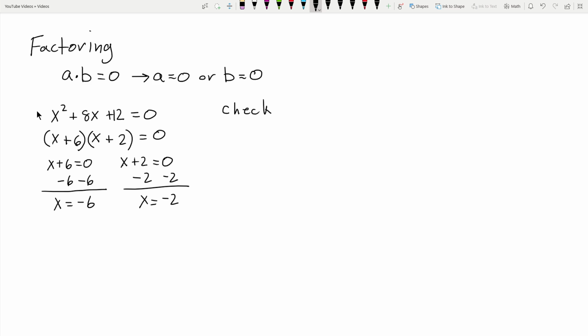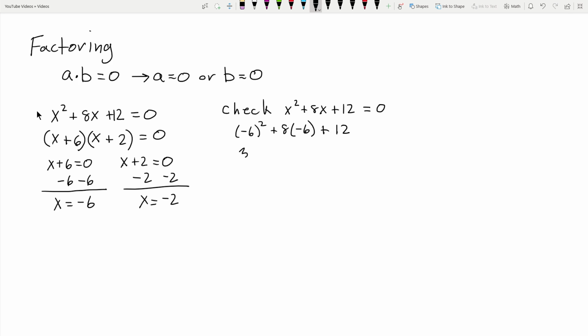And when you check, I mean, it's going to work for the two factors that you came up with. So when you check, always go back to your original equation, right? So I'm going to check this in x squared plus 8x plus 12. And make sure that when I plug those numbers in, I get 0. So minus 6 squared plus 8 times minus 6 plus 12.